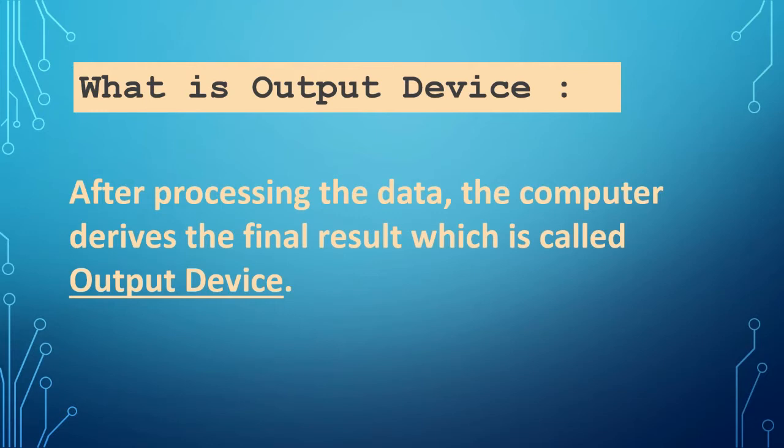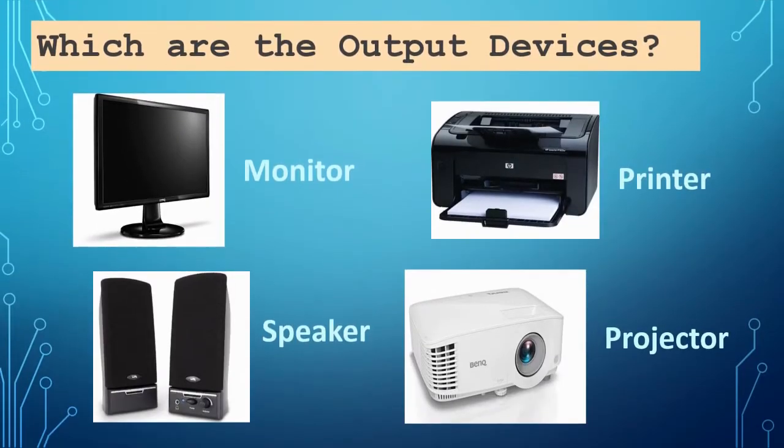Output devices convert the processed data into readable form. Now, which are the output devices? Let's see. First one is monitor. Second one is printer. Third is projector. And last is speaker. These are the output devices.